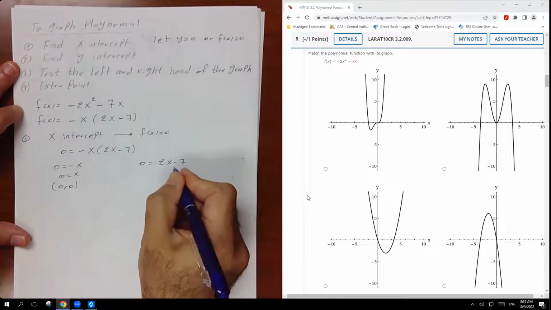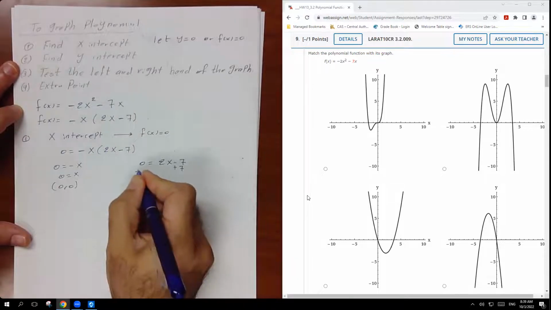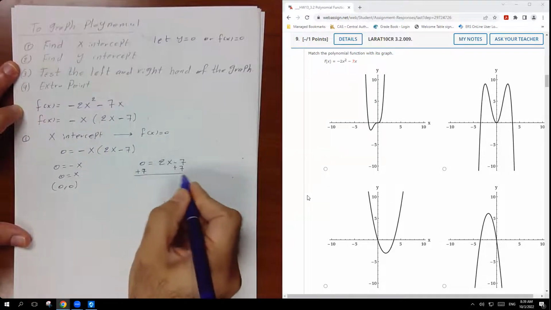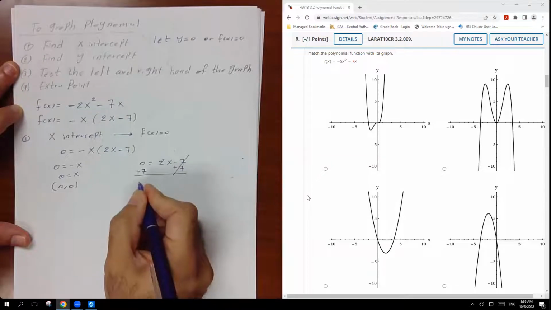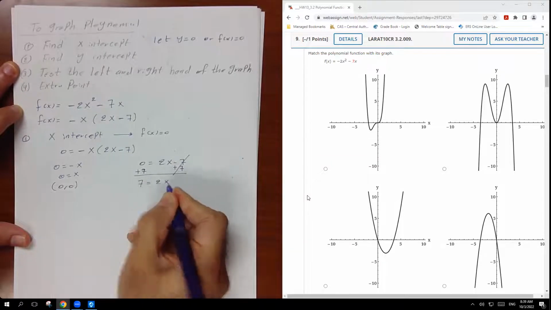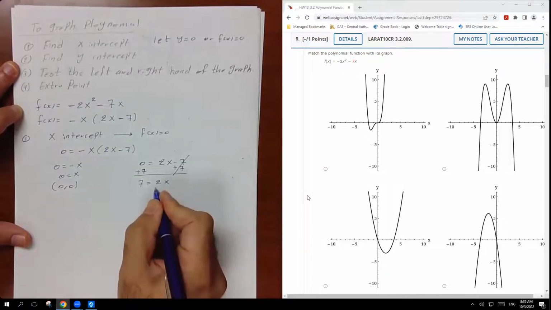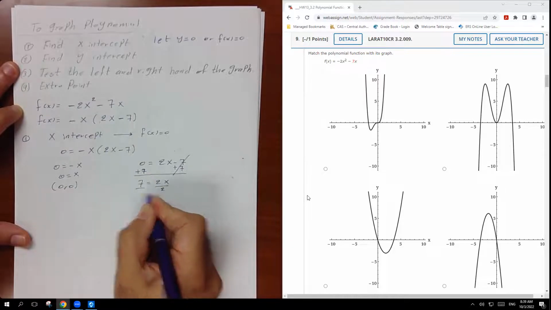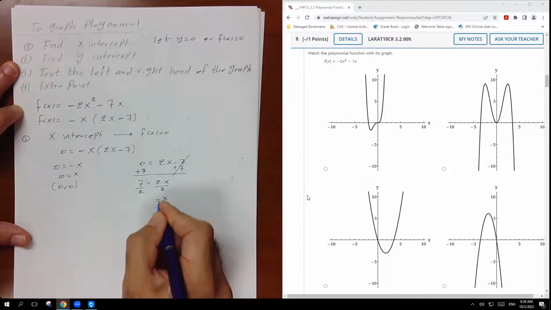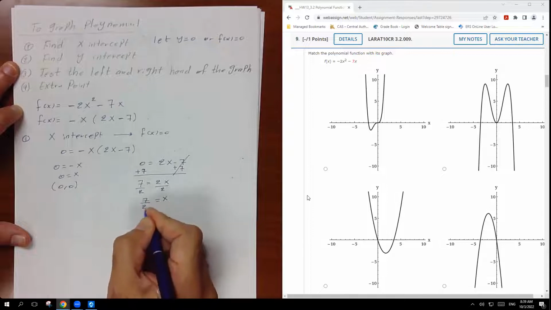On the other side, I'm just going to add 7. This cancels, so 7 is equal to 2x. Divide both sides by 2. So x is equal to 7 over 2.